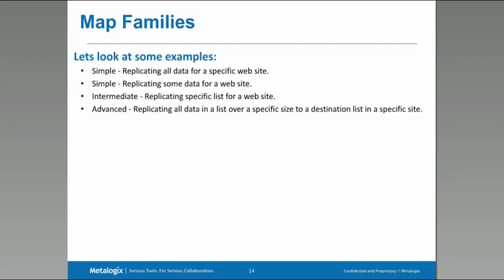Then something a little more intermediate, replicating specific lists for a website. And then something really advanced, which is replicating all data in a list over a specific size to a destination list in a specific site. So this will highlight some of the advanced things that we can do with Replicator.